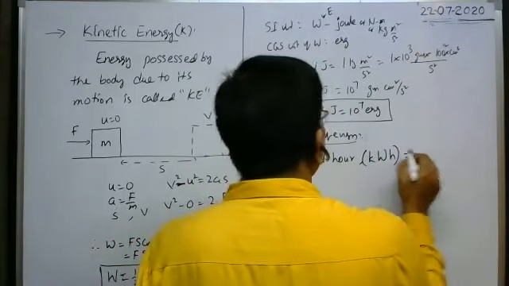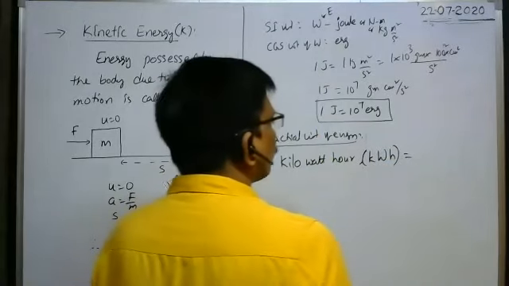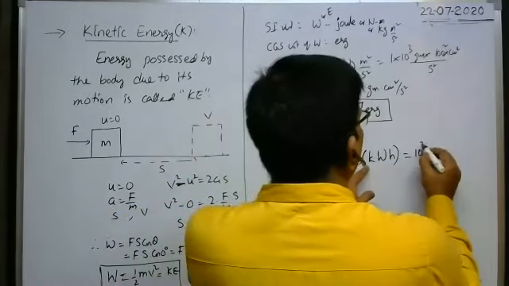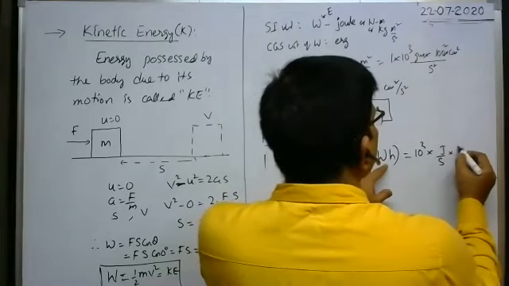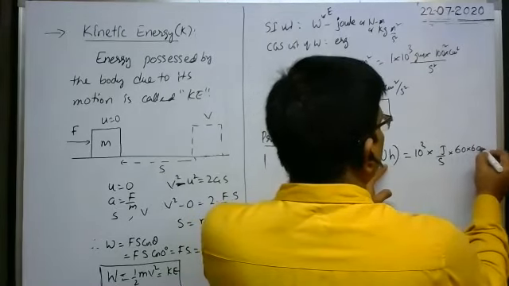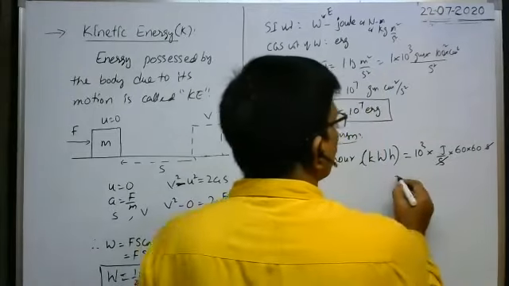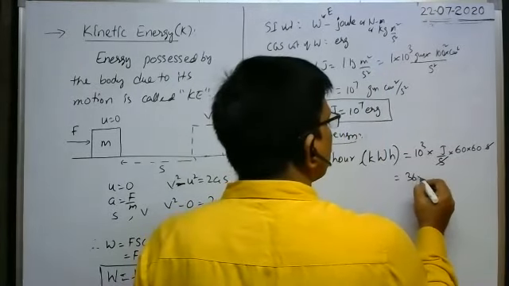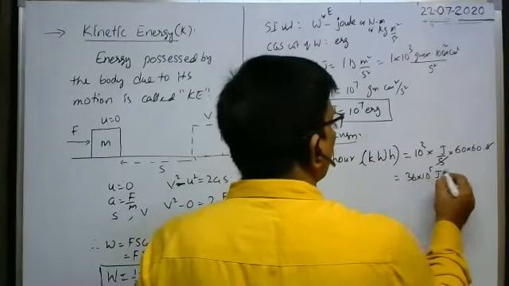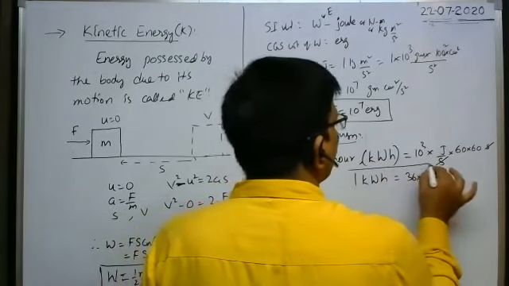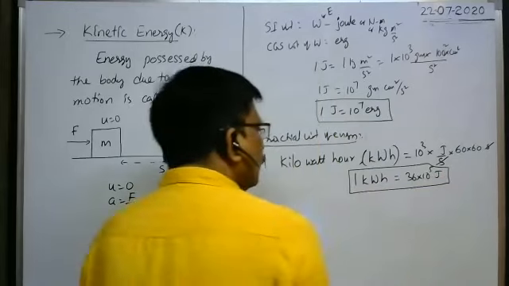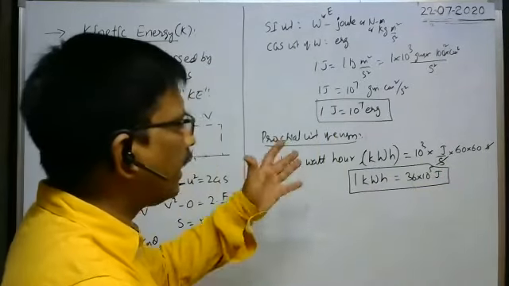Okay, 1 kilowatt hour is equal to, kilo means 10 to the power of 3, watt means joule per second, hour means 60 minutes into 60 seconds. Second cancel. So this is equal to 36 into 10 to the power of 5 joule. So 1 kilowatt hour is equal to 36 into 10 to the power of 5 joule. So it is the practical unit of the energy.